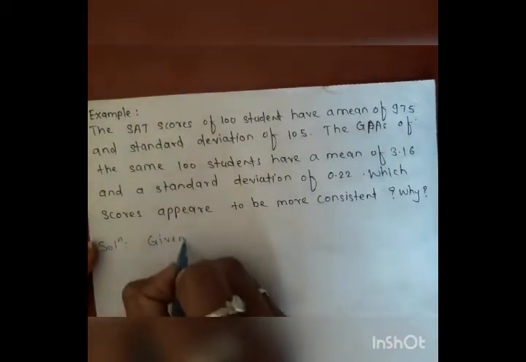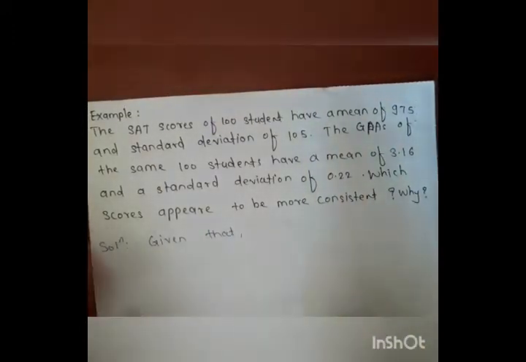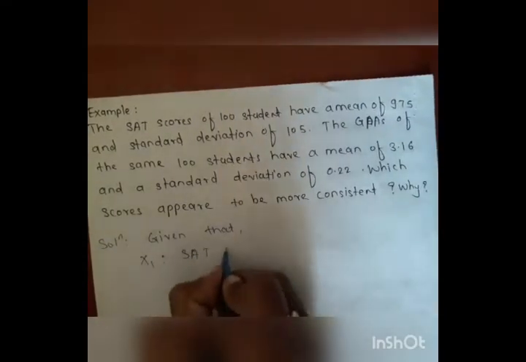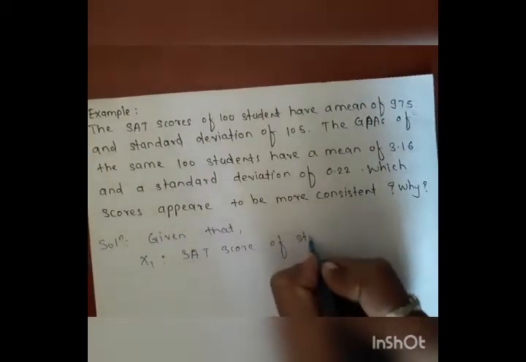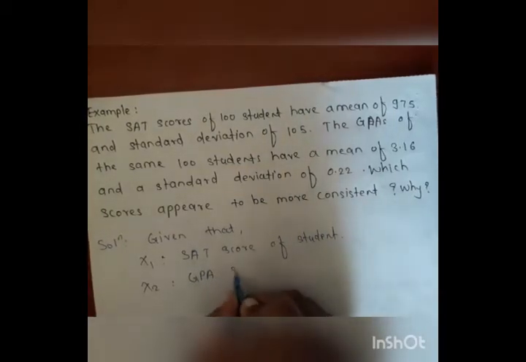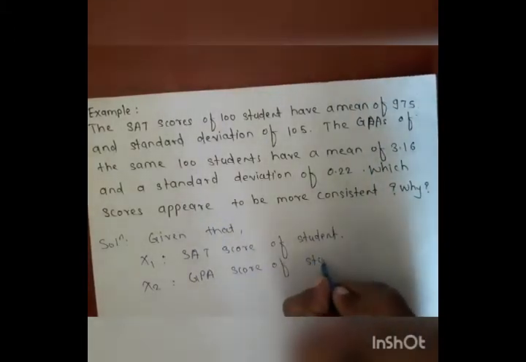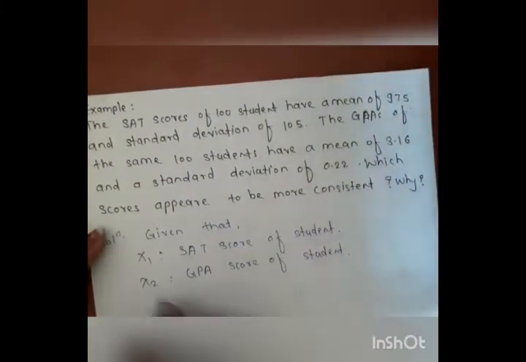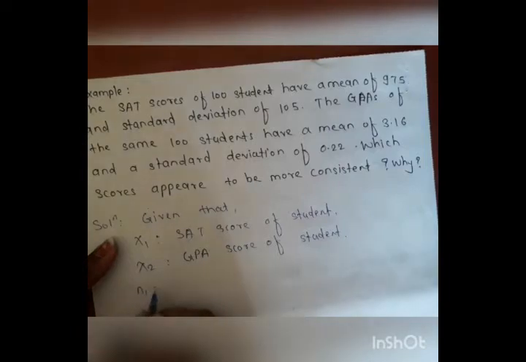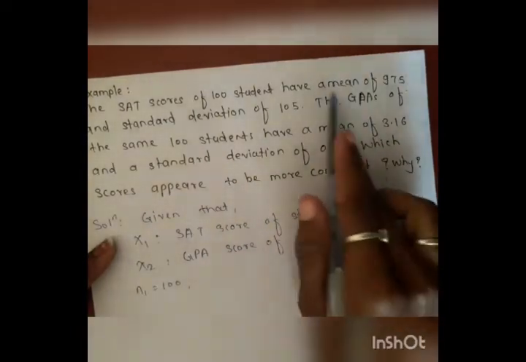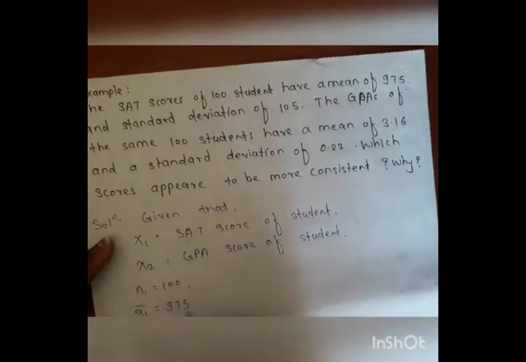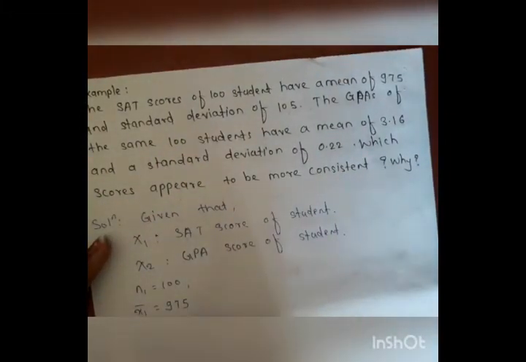Given that, we consider X1 as the SAT score of a student, and X2 as the GPA score of a student. For the SAT scores, the number of students is 100, that is n1 is equal to 100, the mean x1 bar is equal to 975, and the standard deviation sigma 1 is equal to 105.